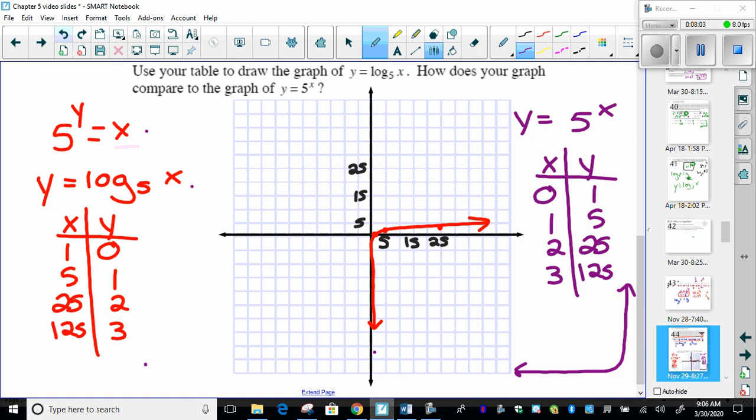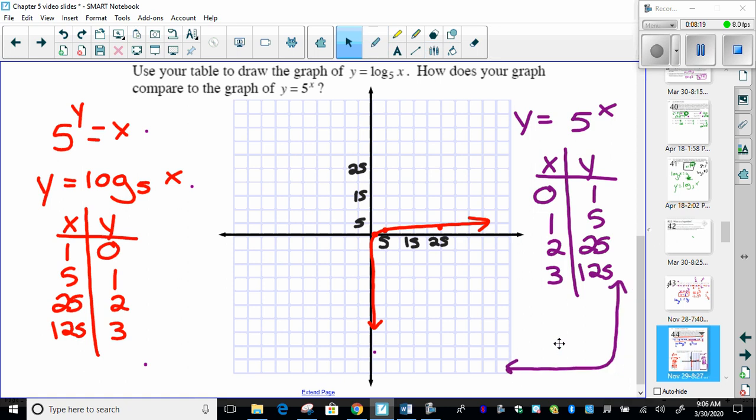So therefore, when I graph this table, so I've made the inverse table for this, I am going to get completely different graphs. Specifically, this graph here. Something like that.